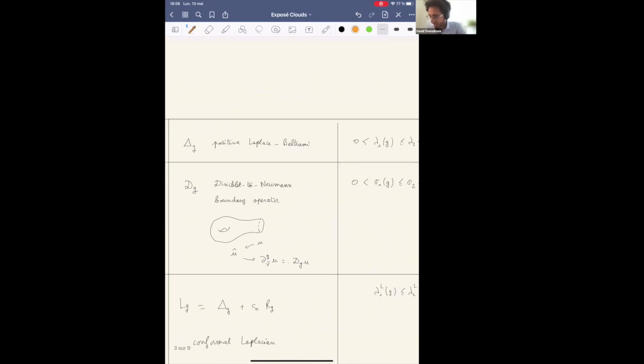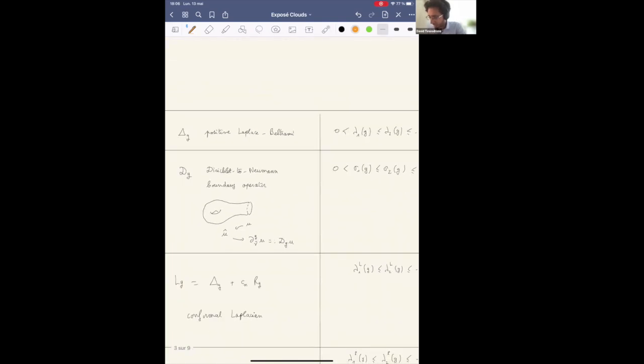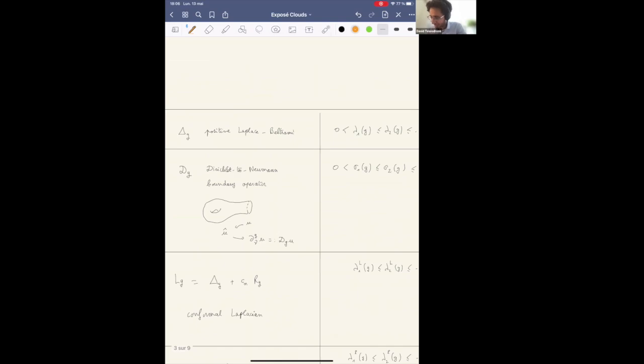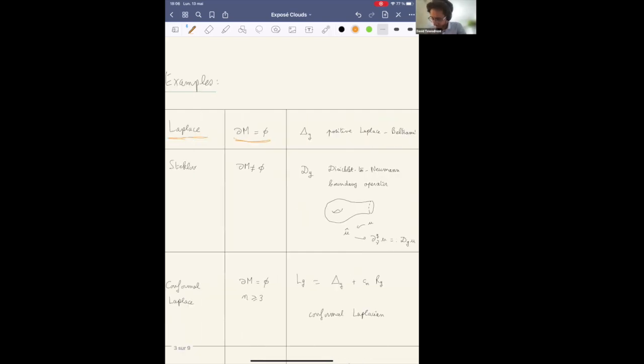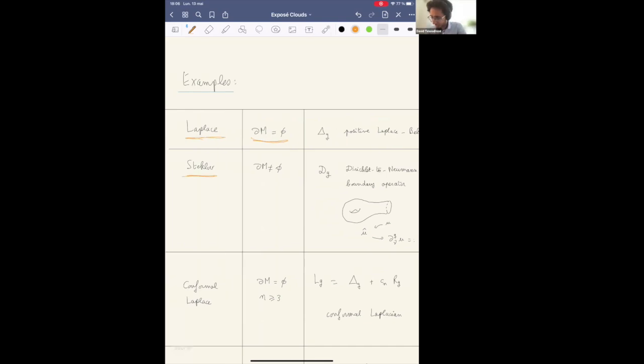So the eigenvalues form a discrete sequence of nonnegative numbers. That's classical. Another spectrum one can be interested in is the Steklov one, which is defined for manifolds with a non-empty boundary.